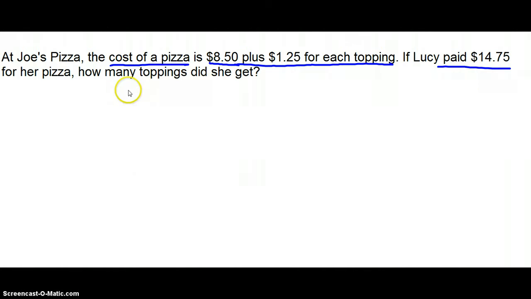So let's assign some variables now because there's a lot of words and not a lot of single variables. So let's start with cost. A good variable for cost would just be C. And then we also need a variable for topping because it's per topping. So let's say topping equals T. Alright, next we're on to step 3, writing the equation.